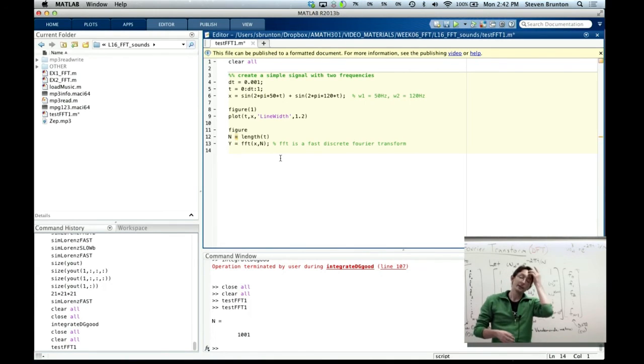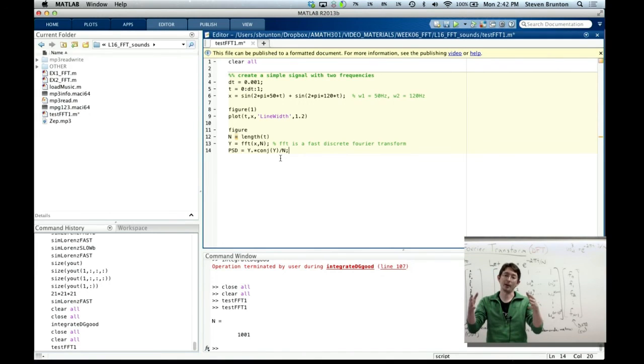What it's going to give me out are a bunch of complex numbers. Remember, this is all e to the i 2 pi, whatever. And so this is going to spit out complex numbers. But what I'm really interested in is the magnitude of the complex numbers for each frequency. This is called the power spectral density, and it tells me how much power is in each frequency in my original data. So I say my power spectral density is equal to y times the conjugate transpose of y divided by n.